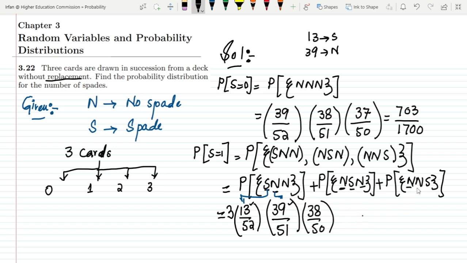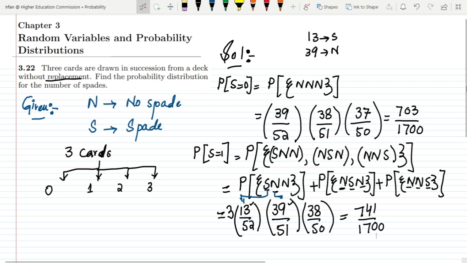That's why I have added them all together and put this 3. Combining them all, the answer will be 741 divided by 1700. This is for the probability of S equal to 1.